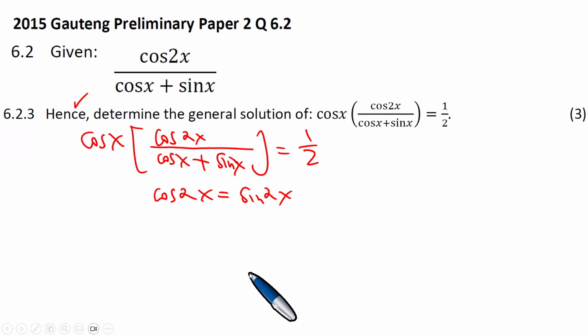Remember, we need to determine the general solution. It's not a specific or particular solution. It's a general solution. So we proceed as follows. What do we do to solve this particular question? There are a couple of things we can do.